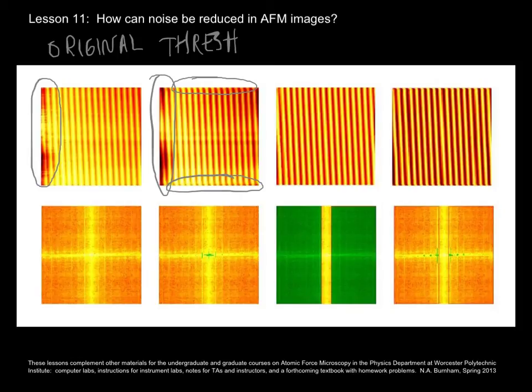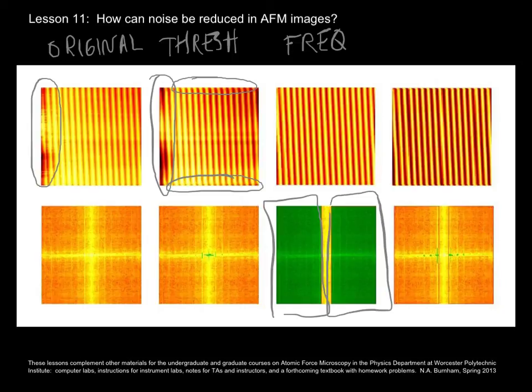So let's try a frequency filter. These two images here, third in the row, the original data were taken, and now we're going to retransform all these sections in green here, leaving out those frequencies that are low and running in the y direction.